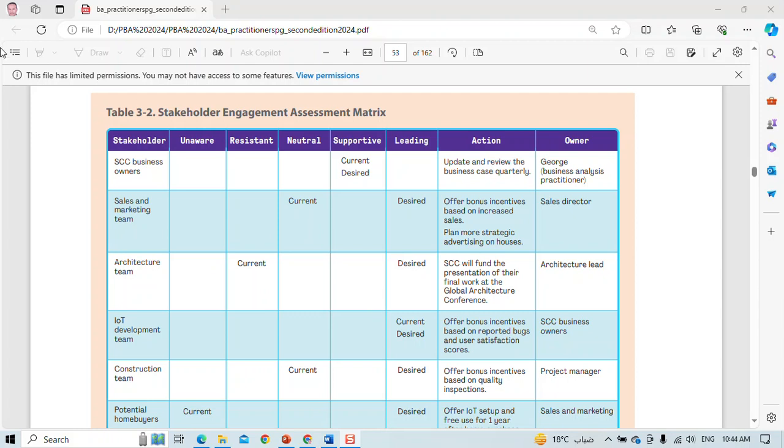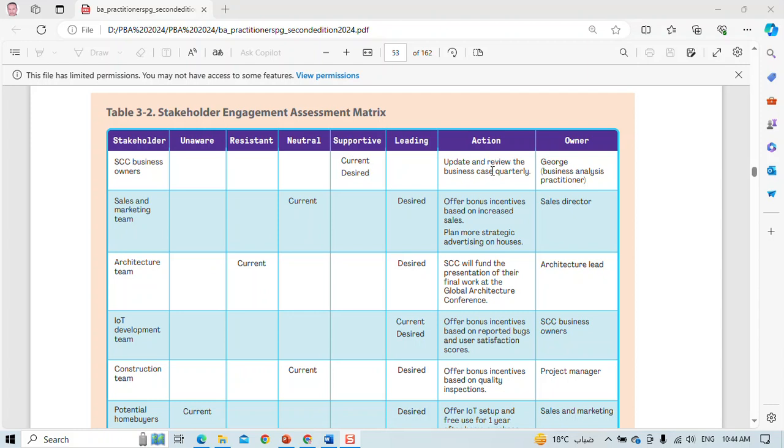Stakeholder example number 1 is the sustainable construction company business owner. They are supportive for sure. They must be supportive. Unless they are supportive, we cannot initiate any project. So their current and desired level of engagement is supportive.